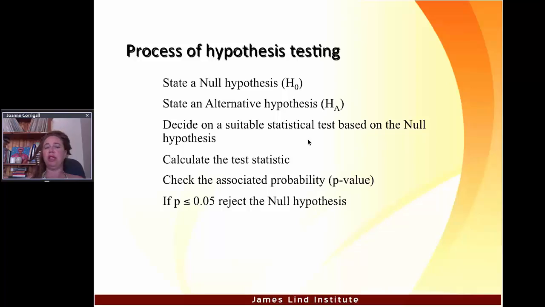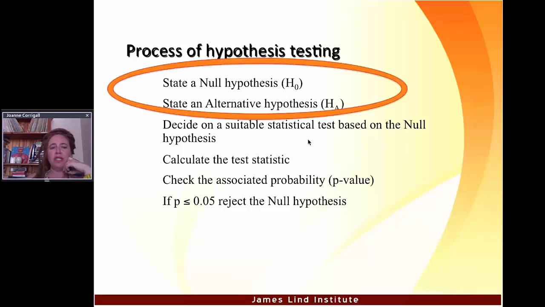So in other words, it would be that the hypertension in men in Tokyo equals the same amount, the same prevalence of hypertension in females in Tokyo. So in other words, it's the very opposite of what you think you're going to find, okay? Then we state the alternative hypothesis, which is commonly denoted as HA, and that would be, in that example, men in Tokyo have higher blood pressure than women, and then we decide on a suitable statistical test. We're going to go through that, and then we check, are our findings due to chance or not? And we're going to go through each of these in turn.